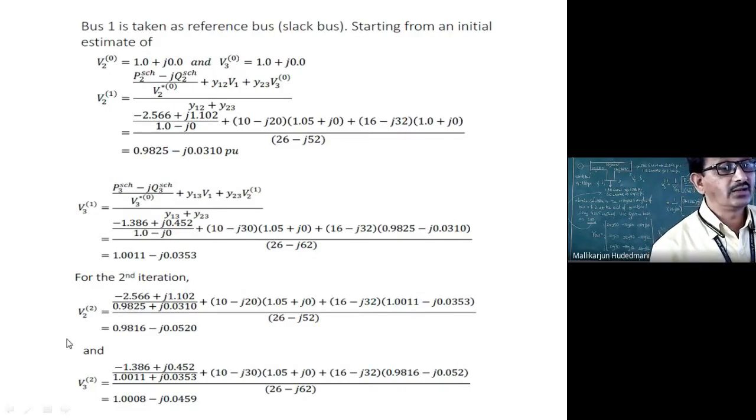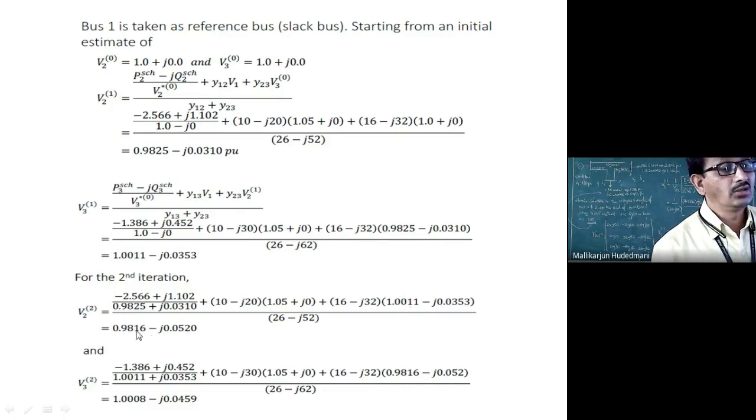You can see there, 0.9825 minus was there, now it becomes conjugate, meaning plus j0.0310, plus the same term as usual in the first line. Here there is a change. What was originally here? 1 angle 0 or j0. Here it is just the best value obtained, which you are going to use.